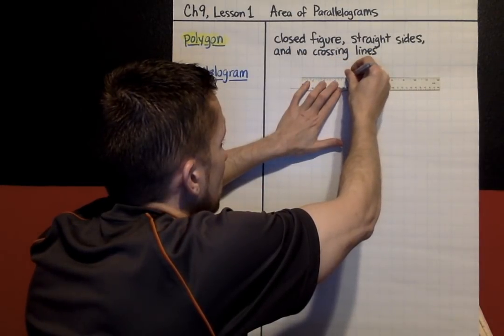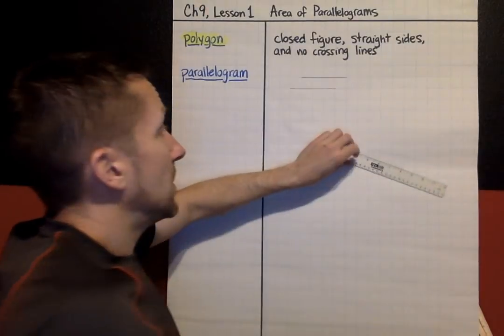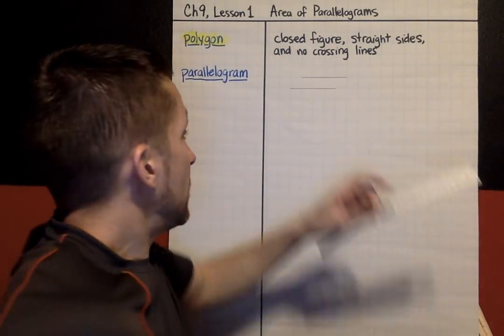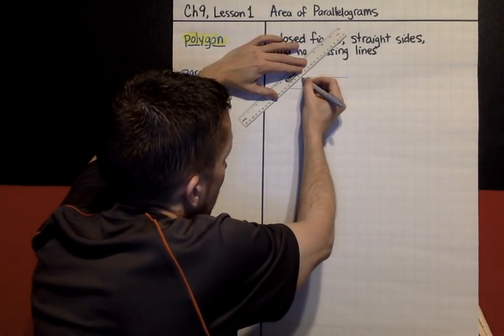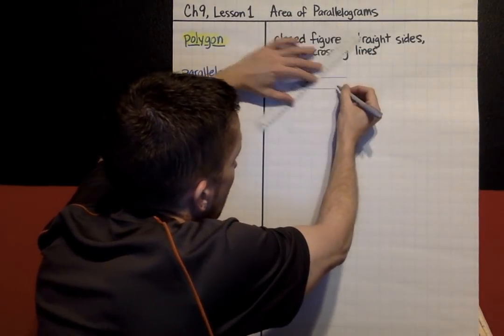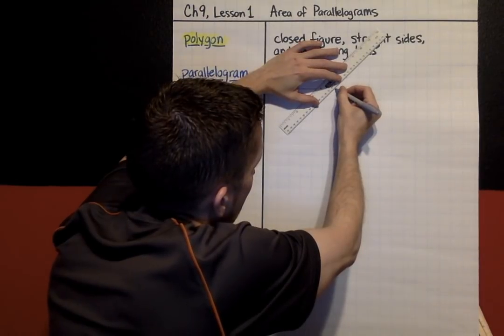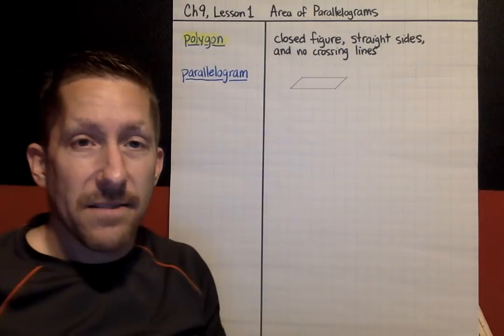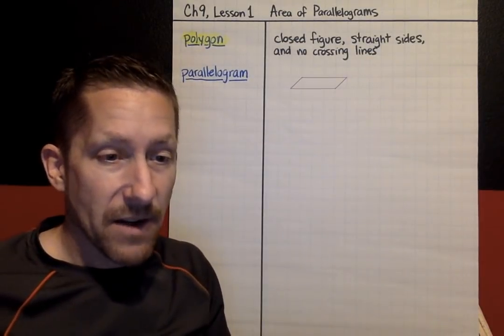So you've got 2 lines that are each 4 boxes, but they're staggered. They look like that. Then I'm going to use my ruler and connect the corners. So there is an example of a parallelogram.